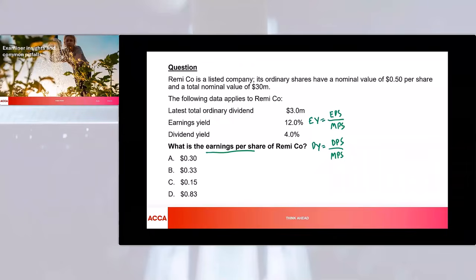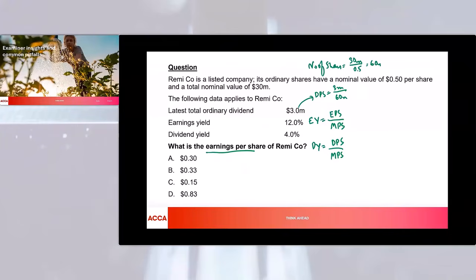Now, hurry up. And total dividend is given. From total dividend, I am planning to find out DPS, which is 3 million divided by, not 30, so what is the number of shares? The number of shares is equal to 30 million divided by 0.50, which will give me 60 million.